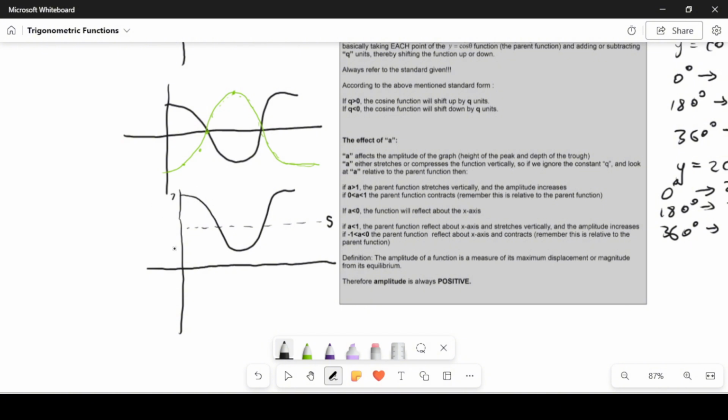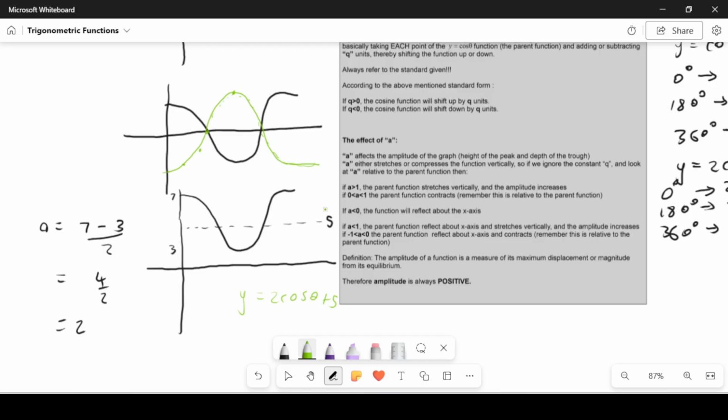It has a peak of 7 and a trough of 3. So how do you find the amplitude? A is equal to the peak minus the trough, divided by 2, which will be 4 over 2, which is 2. And so if I have to write the equation for this function, it'll be y is equal to 2 cos of theta plus 5.